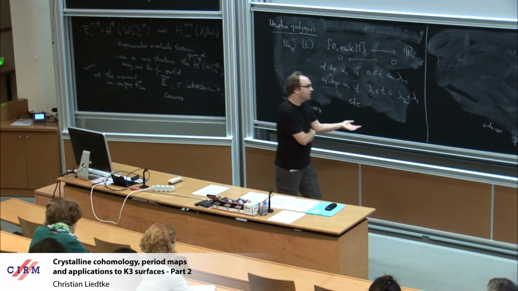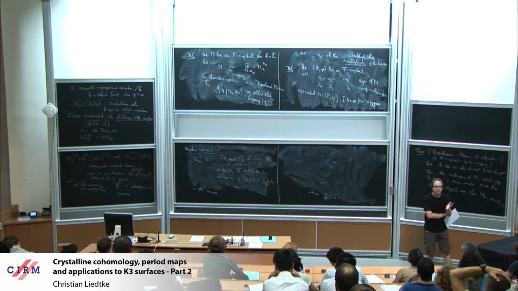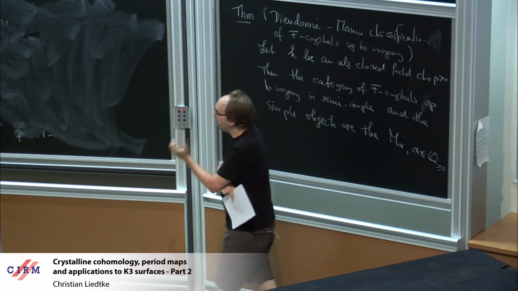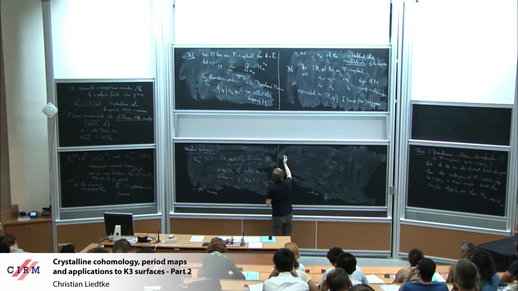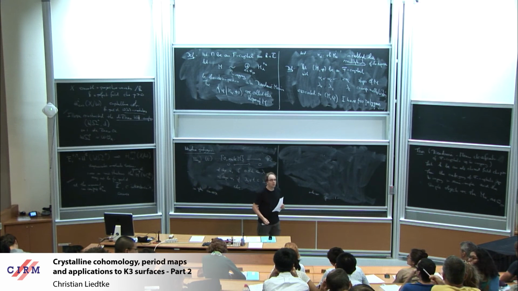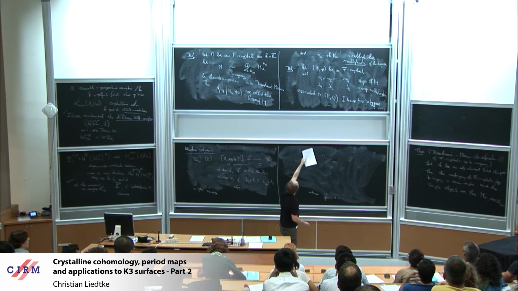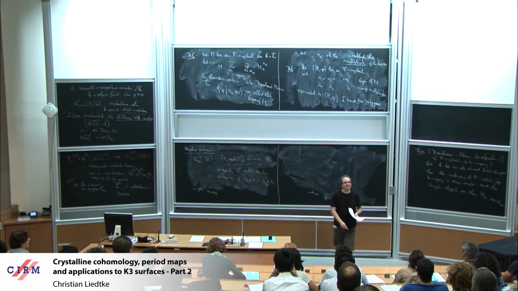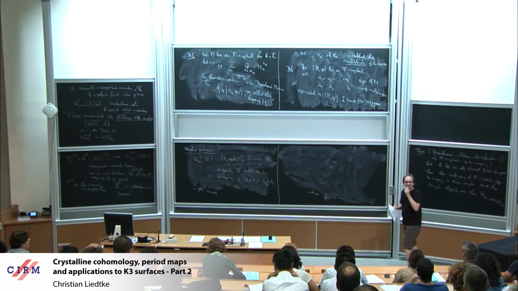So in particular, it's an invariant of the crystal up to isogeny. If you have two F crystals which are isogenous, you will have the same Newton polygon. This is different from the other polygon. Yes? You have to check something here. That's a perfectly valid question, but I hope it adds up.